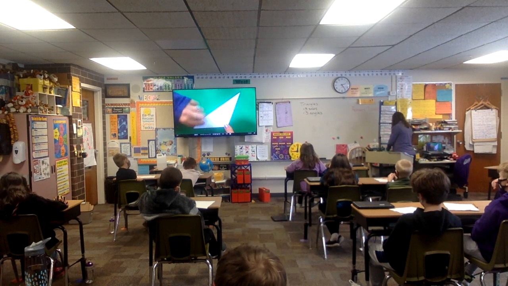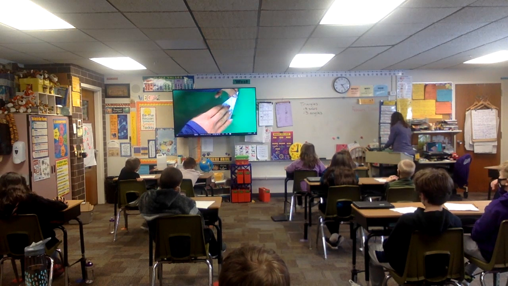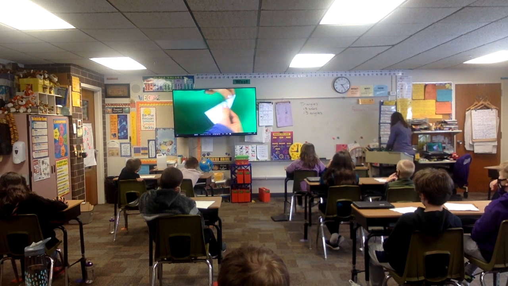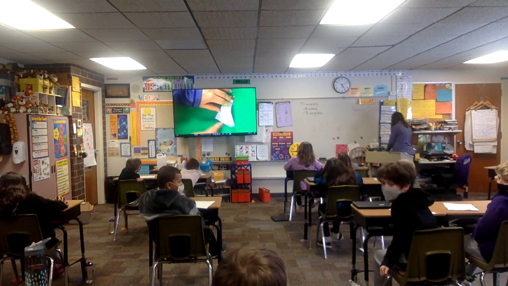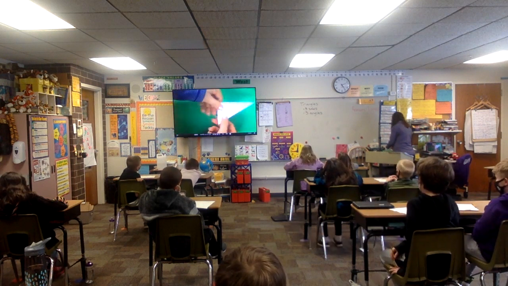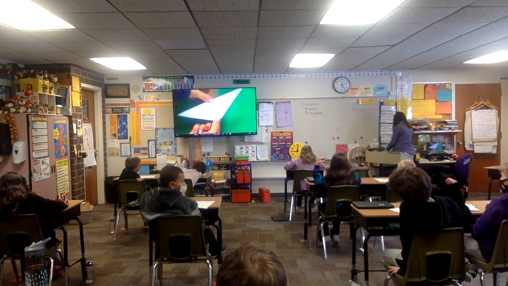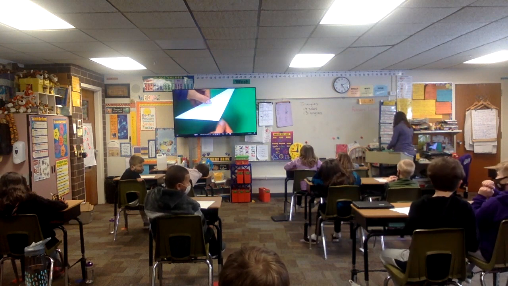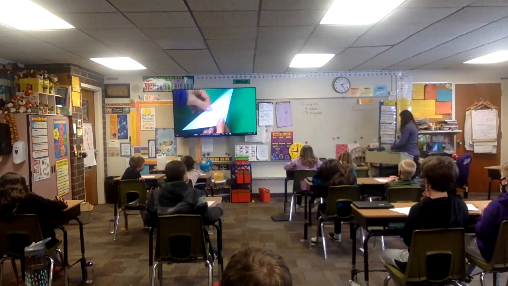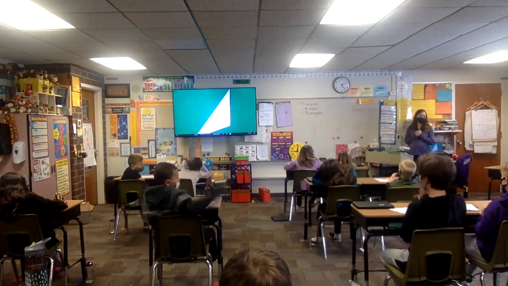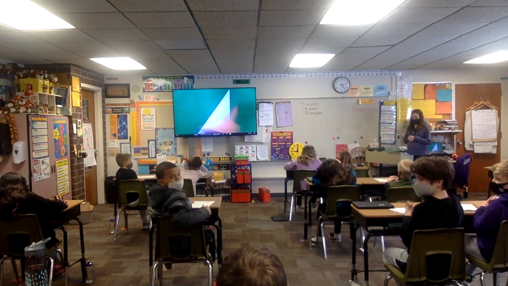Sometimes it's hard to tell, so sometimes you have to measure it, sometimes you have to fold it. Okay, so I'm going to put those corners together as perfectly as I can. Fold it. What do we think? I think it's pretty close. I would have to say it's isosceles, just because those 2 sides are the same length.